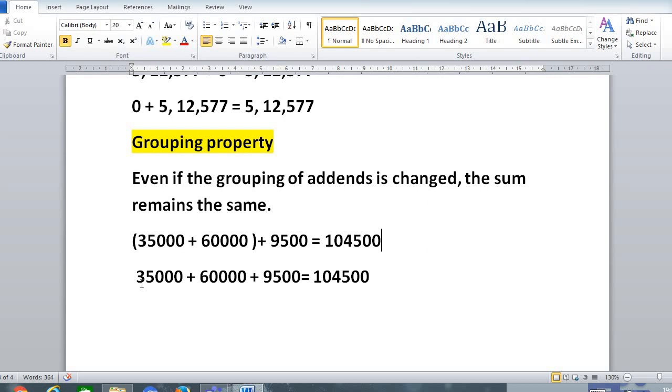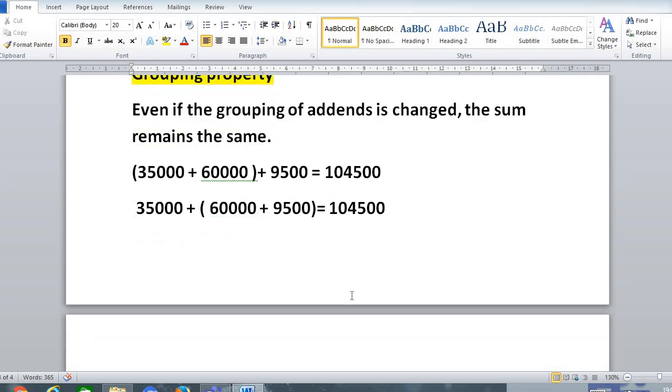In the second option, first make a group of 60,000 plus 9,500. Add these two addends first and then add it with 35,000. But the result will be the same, 1,04,500.